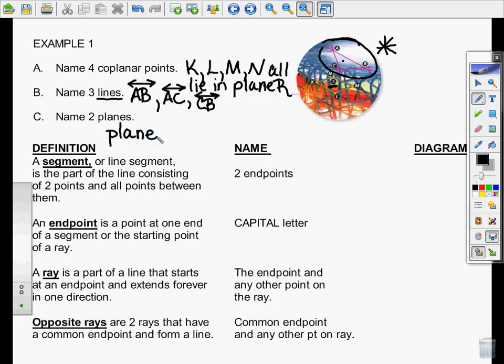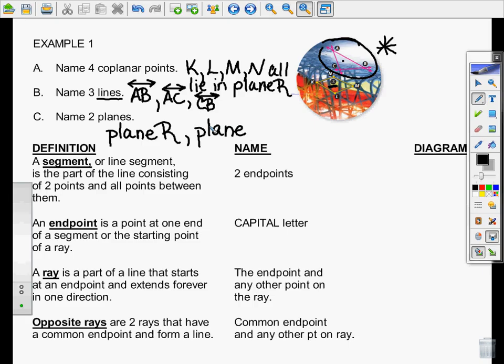Okay, and then you need at least 3 letters. So for the bottom one, we could use that script letter, just like this, and call that plane R. Or for that same plane, we could pick 3 letters, and it doesn't matter what those 3 letters are to identify it.